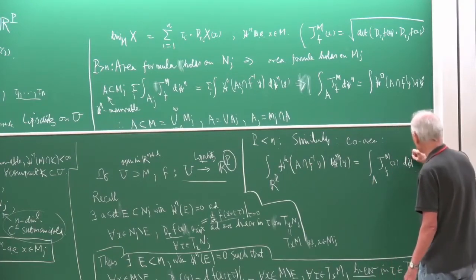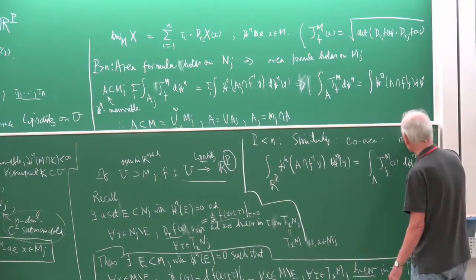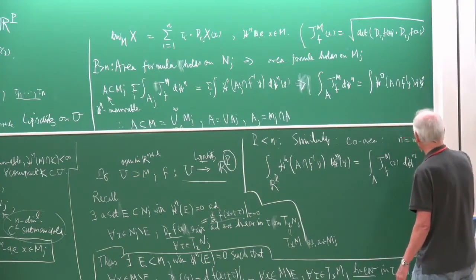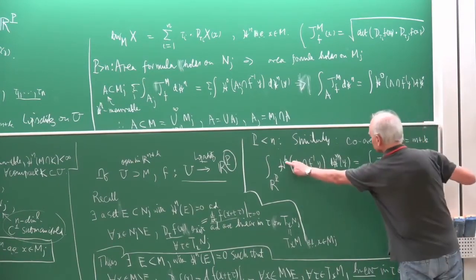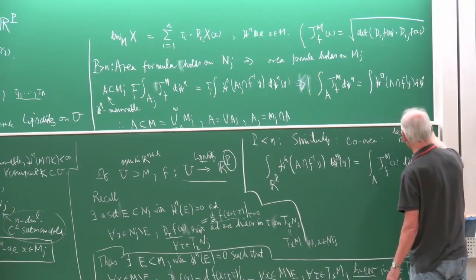Let's see, n is equal to m plus k. Or in other words, the k that appears here is equal to n minus m.